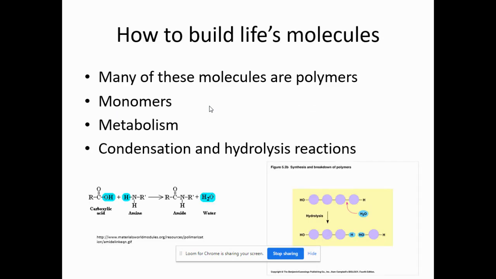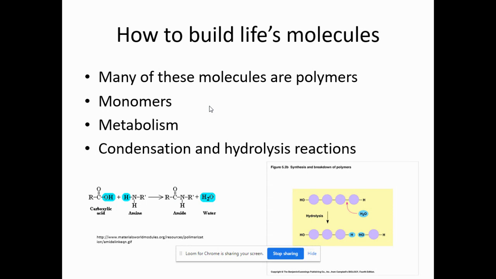And so how are these organic molecules built? A lot of these organic molecules exist as polymers. Polymers are molecules that are made up of two or more monomers, and the monomers are the building blocks. So for each of these groups of organic molecules, you'll need to know the monomers.